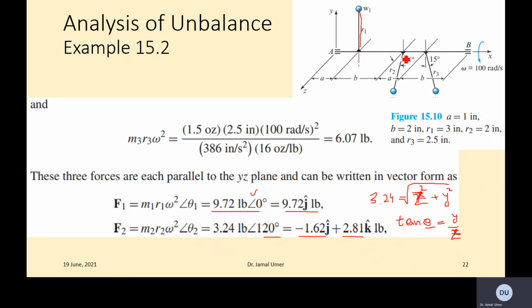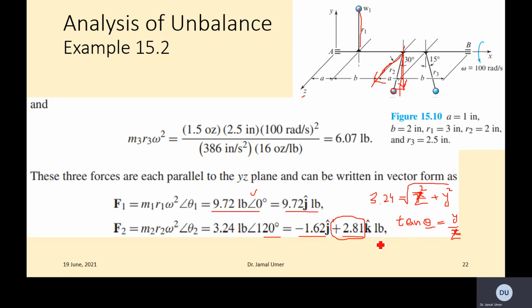In the very beginning I told you mass 2 has one component in this direction, the axis, which is the positive z direction, so you get a positive z component. And it has a y component which is downward, meaning a negative y direction component. This is something you need to consider.